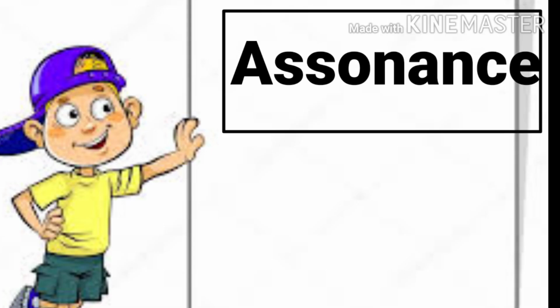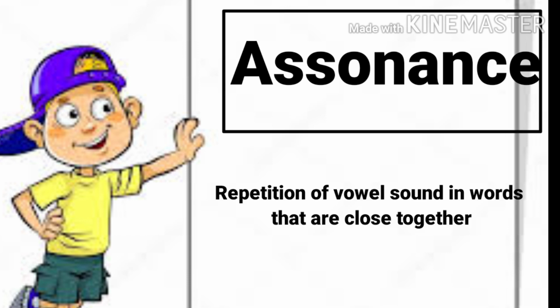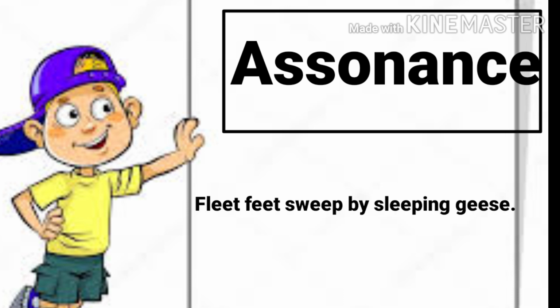Assonance. Assonance is a repetition of vowel sounds in words that are close together. You see an example. Fleet feet sweep by sleeping geese. Here we can see the repetition of the vowel sound e, and it adds to the beauty and rhythm of the poem.